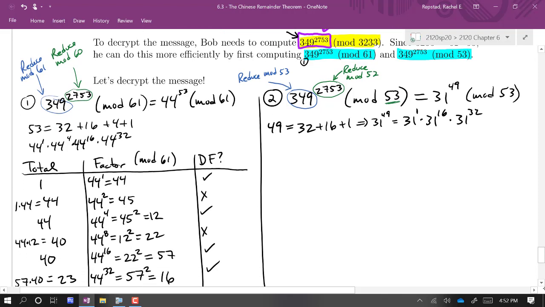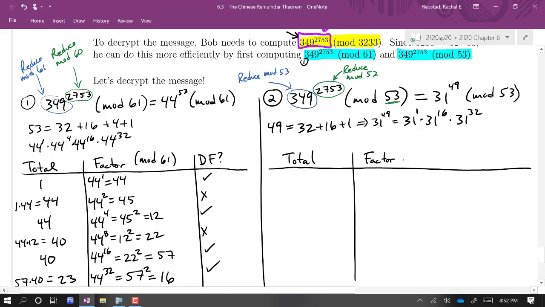And we're ready to make our table. We're going to do all calculations in this table mod 53.